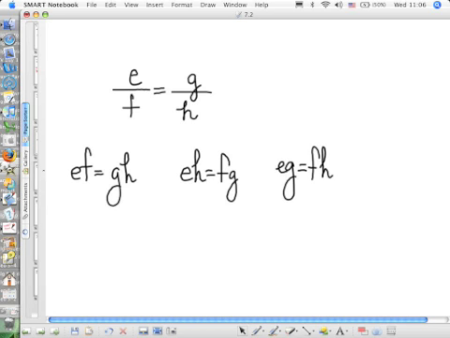The middle one. Why the middle one? Because if this is the proportion, then the product of the means is equal to the product of the extremes. So FG is equal to EH, and nothing else.